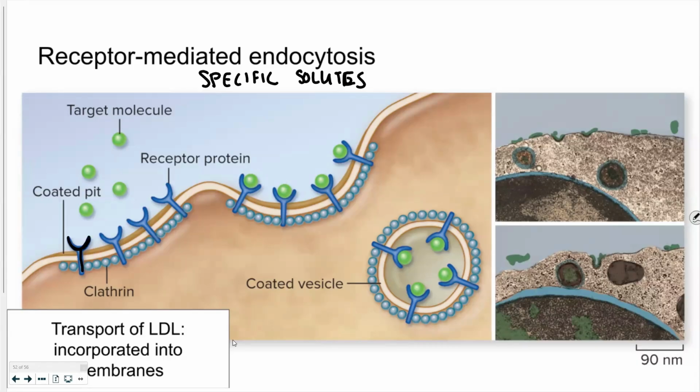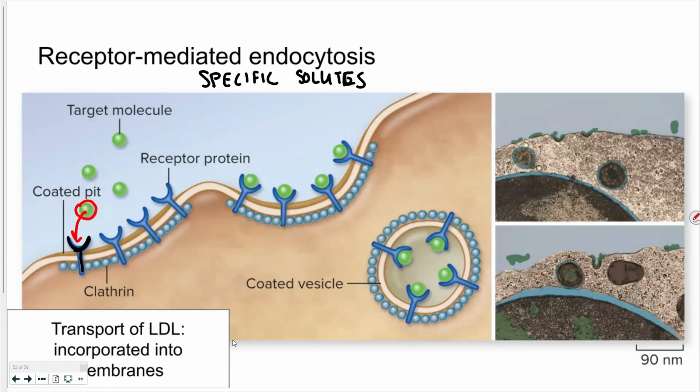And the three-dimensional shape of this protein is going to specifically fit whichever the target solute is. So if we have other solutes in here, this is a triangle, it's not going to fit into this part of the protein, so that protein's not going to pick up that solute. This is how we're being selective about what solutes are actually going to come in.